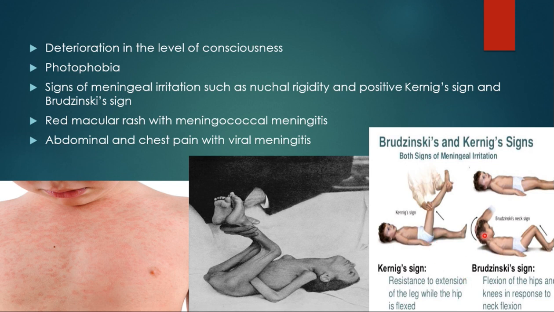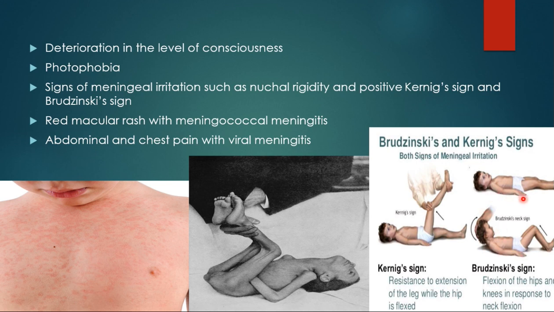Second is Brudzinski sign. What is Brudzinski sign? A positive Brudzinski sign is one of the physically demonstrable symptoms of meningitis. So what will happen? The severe neck stiffness causes a patient's hips and knees to flex when the neck is flexed. So how can we perform this?